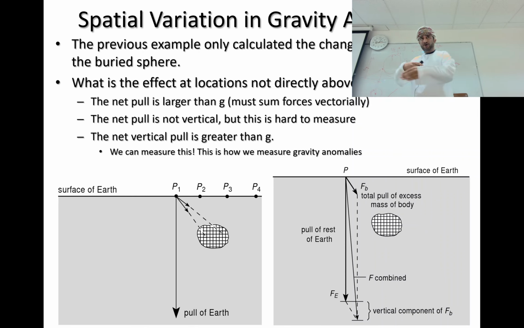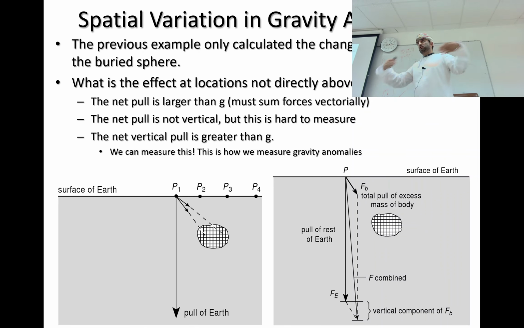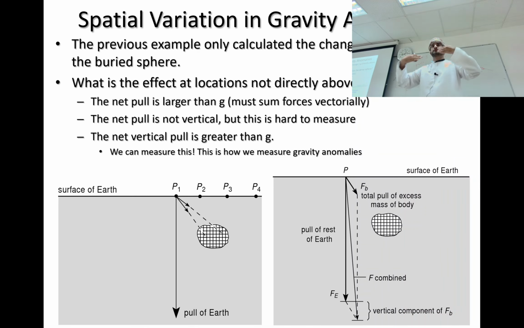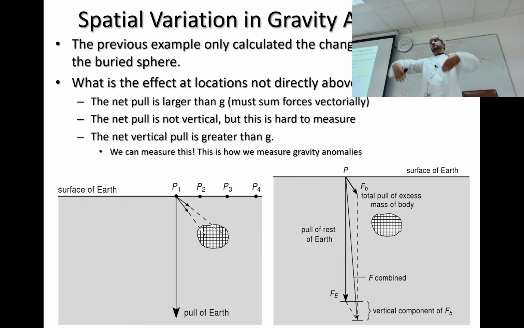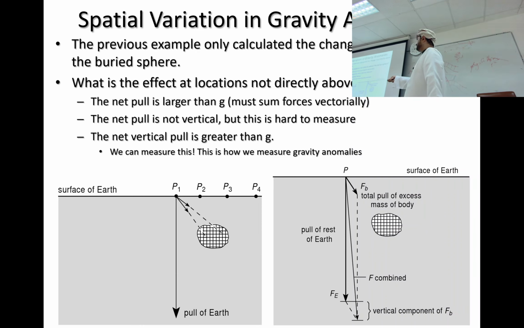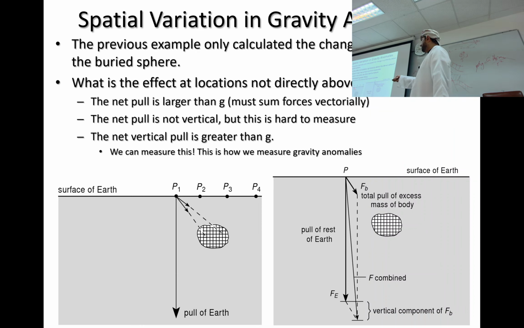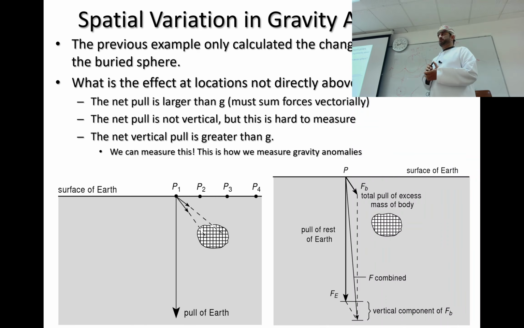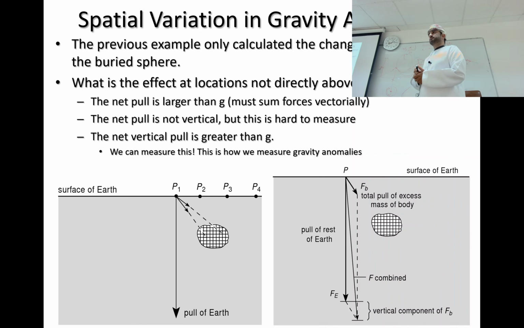We take profiles, transects along the target body. It could be 2D or 3D. We take a lot of parallel lines. So if I take a measurement here, this is what I measure. And gravity is always measuring the downward, the vertical component of gravity.